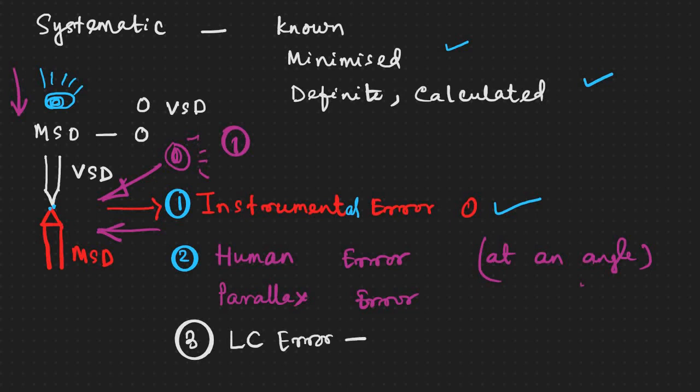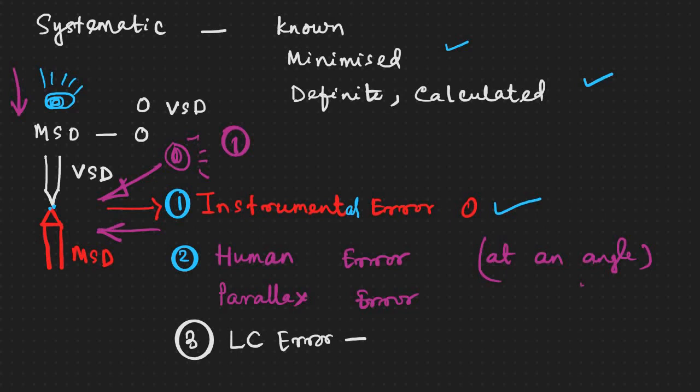What is that? If we are calculating the least count, what does that mean? The lesser the least count, the better the reliability. That means if we are calculating the least count, the smaller the least count value, the more precise the measurement.